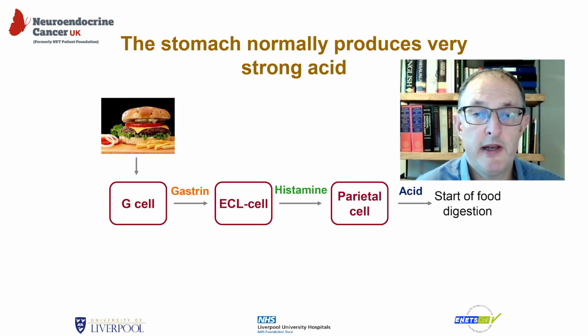The gastrin then stimulates an intermediate cell called the ECL cell to produce another substance called histamine, which then stimulates the parietal cells to produce acid. Now remember those ECL cells as well, because it's them that develop into neuroendocrine tumours in the stomach. So this is what happens in health. And we will explain how this is altered during the development of certainly types 1 and 2 gastric neuroendocrine tumours.